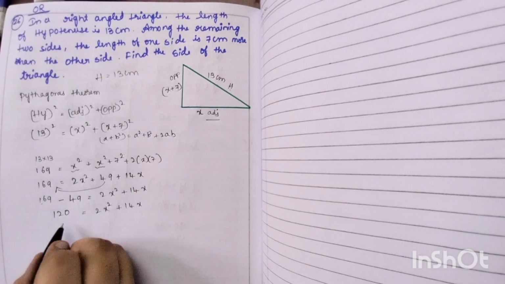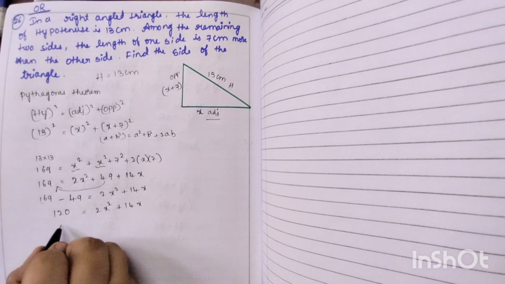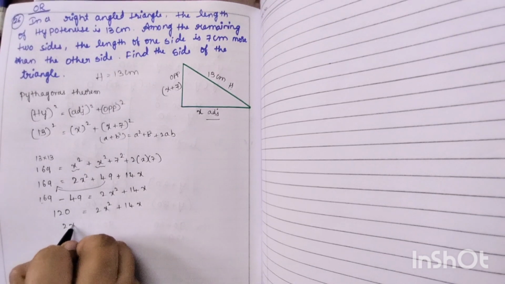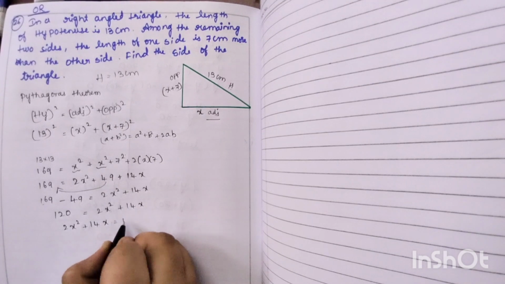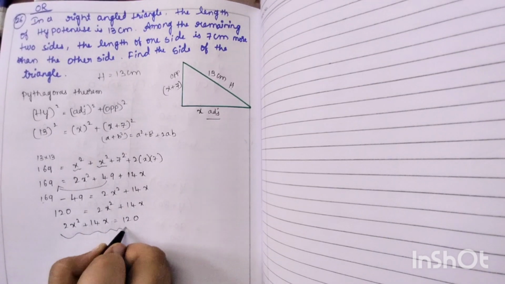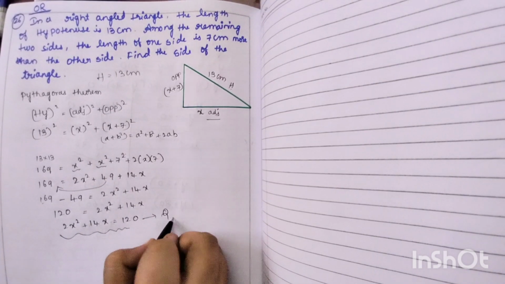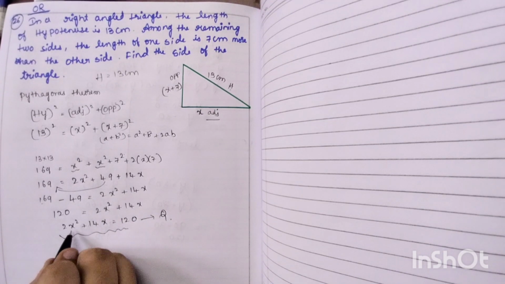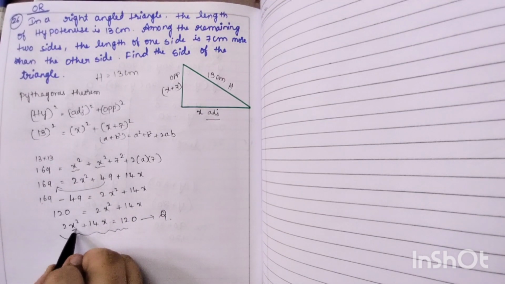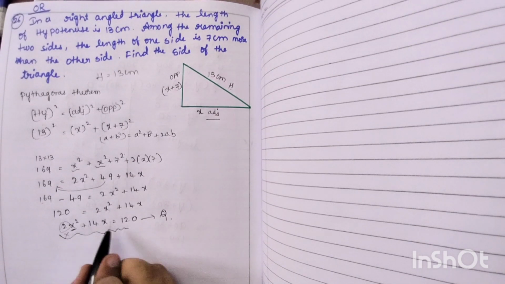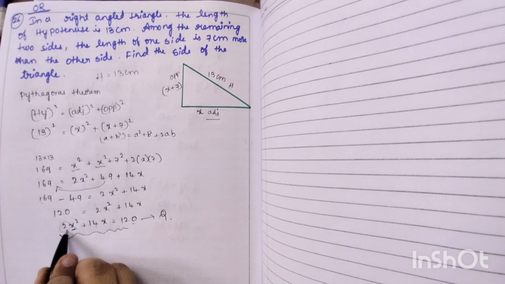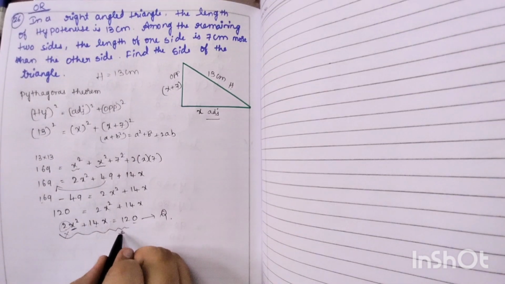So what did we get now? The actual answer: 2x square plus 14x is equal to 120. So this is the quadratic equation. Now, to make this x square, no coefficient should be there. If we see, all the digits are even numbers, so we can divide by 2.